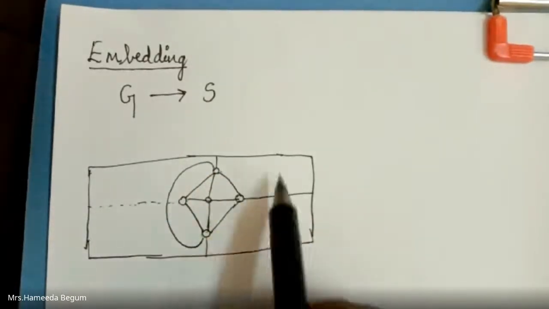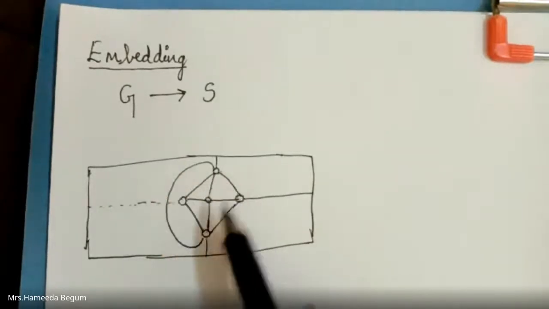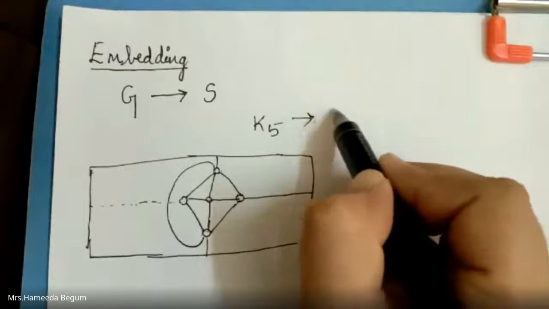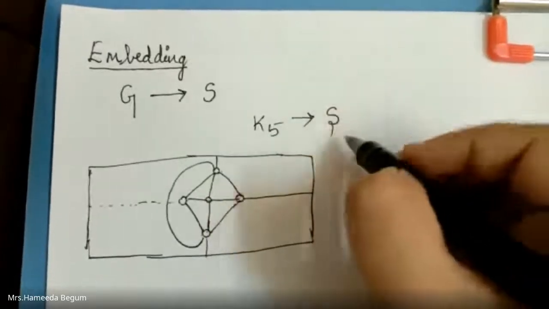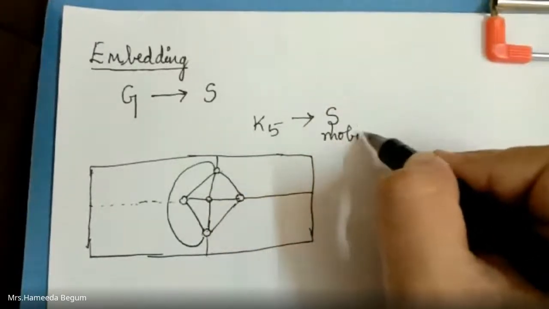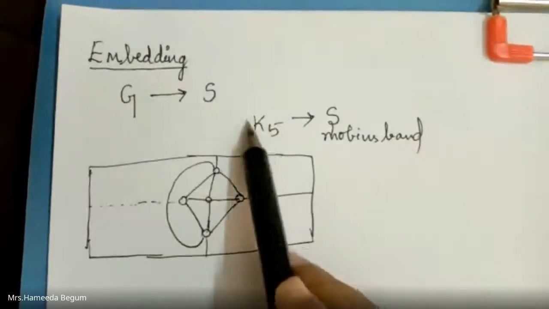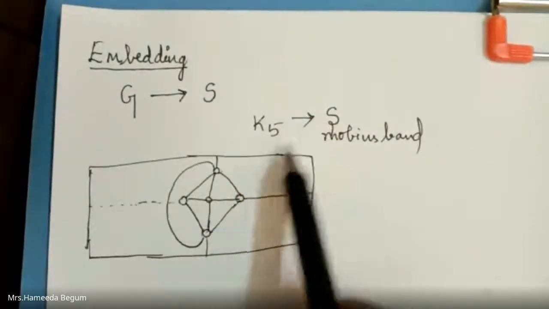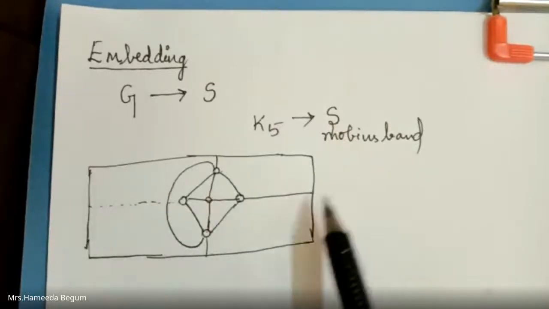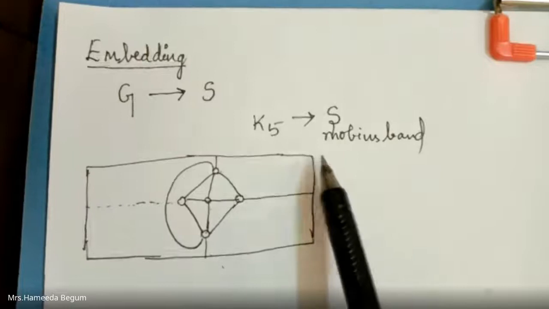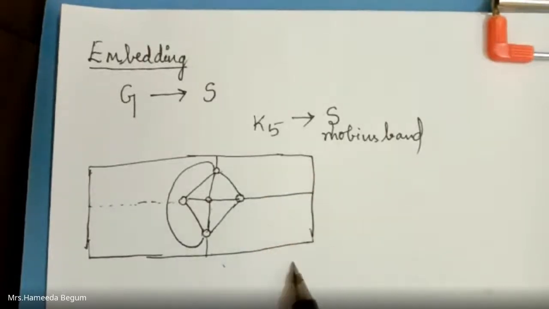So such an embedding of K5. So this is K5, the graph K5 is embedded on the surface S. So S is here the Mobius band that we are considering. So we say that K5 is embedded on the surface S. So this is the embedding of a graph K5 on the surface S.